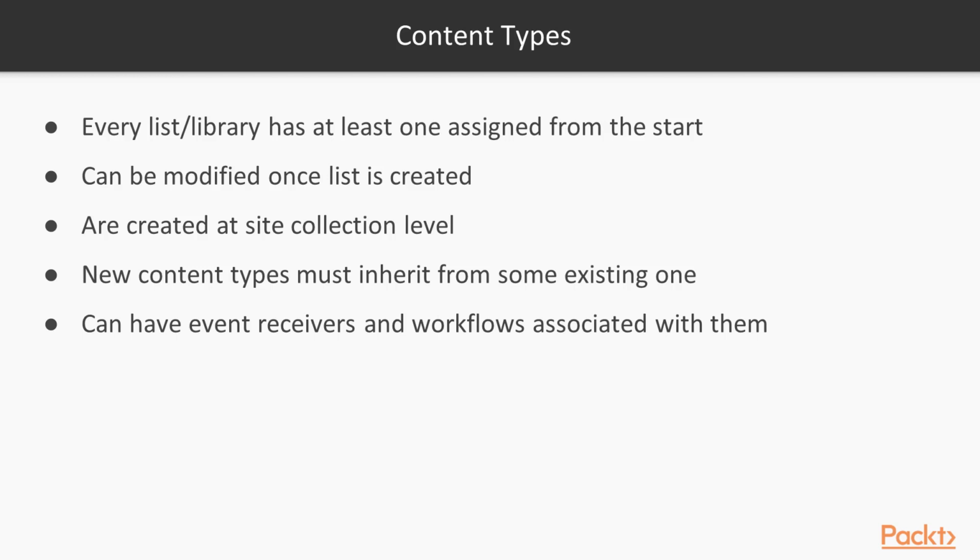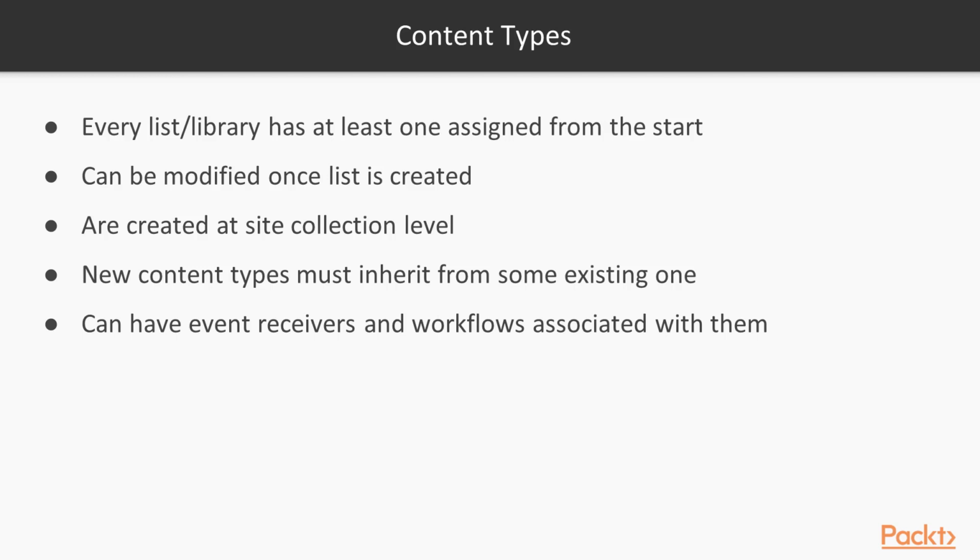Content types are defined at the site collection level, but every content type in an actually created list or library is a copy of the master content type that becomes loosely dependent on the original.